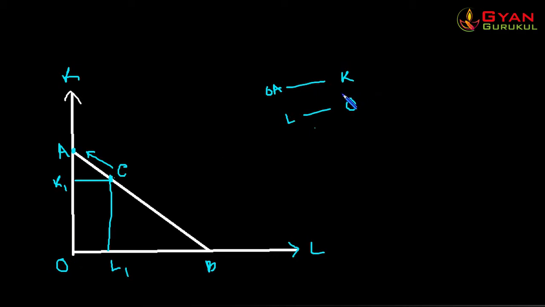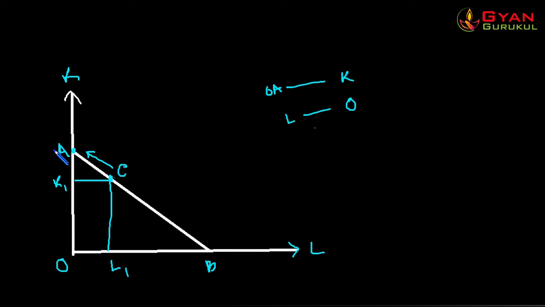Clear? That means this is the production process where you can entirely substitute the other factor of production, right? In that case, when you move from point C to point A, the amount of labor that the producer was previously using is completely substituted by capital.